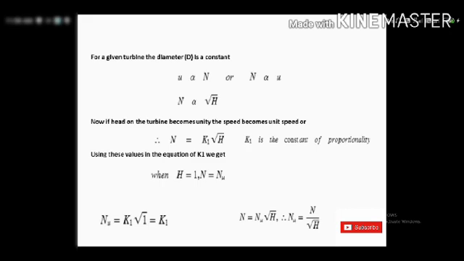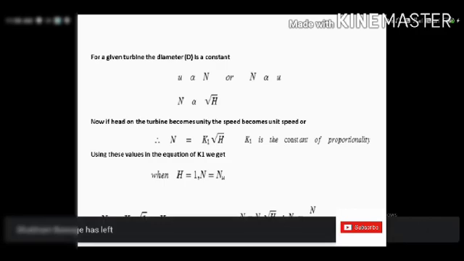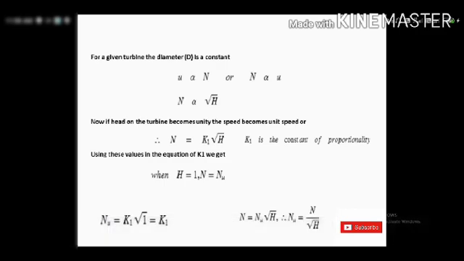So त्याचं रिलेशन फाइंड करण्यासाठी आपण U आणि N मधलं आणि U आणि h मधलं रिलेशन फाइंड केलं आणि इक्वेटिंग दॅट we are getting the equation as N is directly proportional with the square root of h. त्यानंतर प्रोपोर्शनॅलिटी साइन रिमूव्ह करण्यासाठी कॉन्स्टंट इंट्रोड्यूस केला आणि त्या कॉन्स्टंटची व्हॅल्यू फाइंड केली बाय पुटिंग h इज इक्वल टू 1 मीटर, देन स्पीड इज इक्वल टू द Nu. त्यामुळे कॉन्स्टंटची व्हॅल्यू भेटली आपल्याला इज इक्वल टू द Nu, and putting this value we are getting the unit speed is equal to N divided by square root of h.